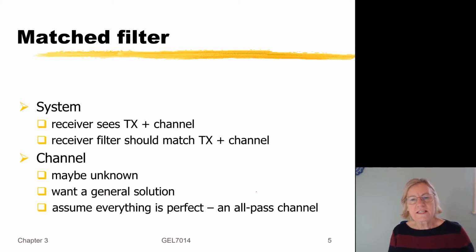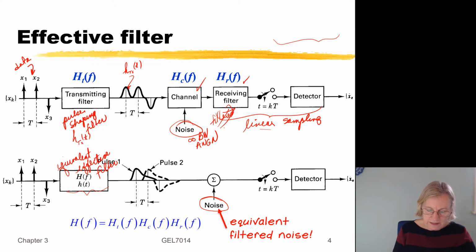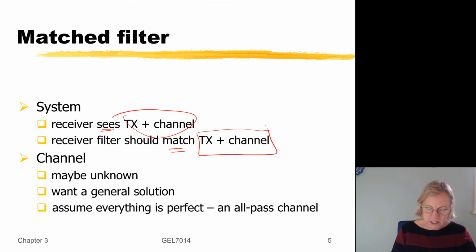So we had the discussion previously about the matched filter. And again, what the receiver sees is a combination of both the transmit and the channel, which is why the receive filter should match. You match not to just the transmit, but to the transmit plus the channel. And the channel, however, may be unknown.